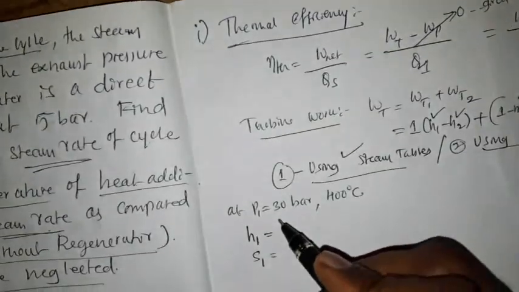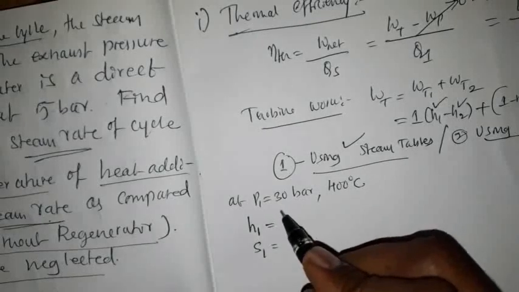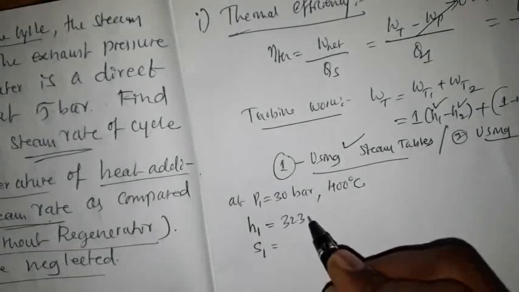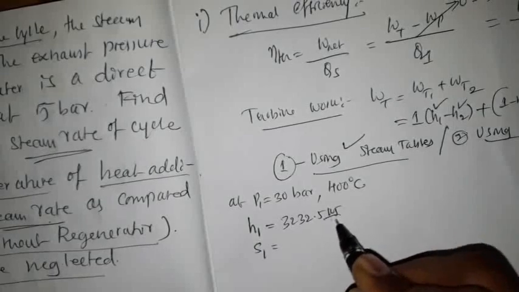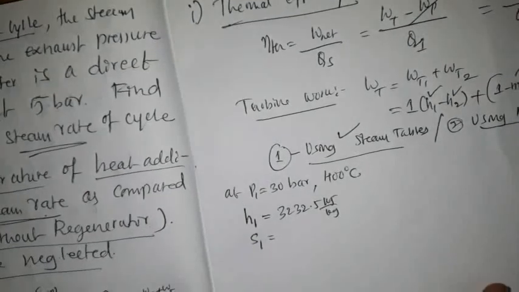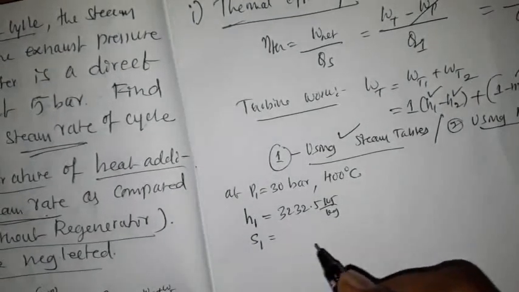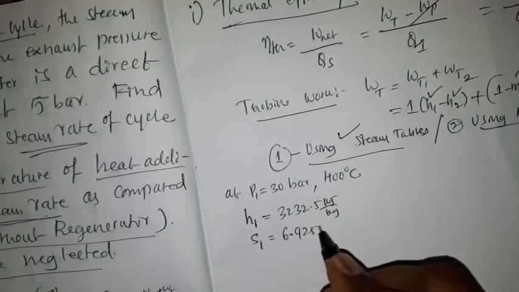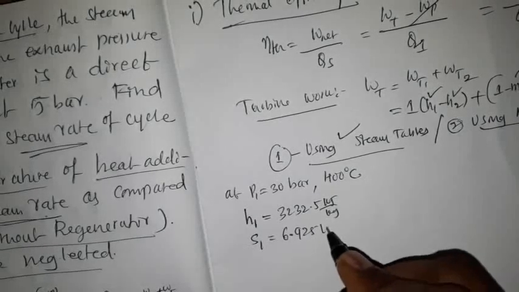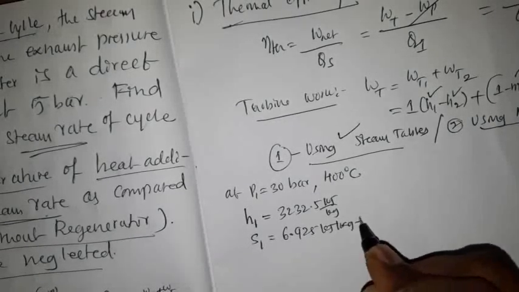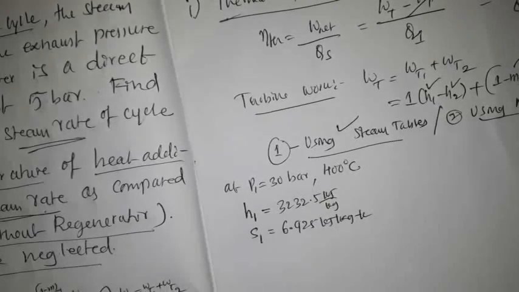Now we got H1 as 3232.5 kilojoule per kg and S1 as 6.925 kilojoule per kg Kelvin.